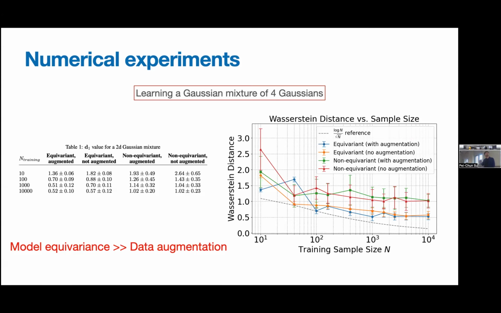The top 2 curves plot a case where you use a non-equivariant score matching neural network with or without data augmentation, and the bottom 2 are the case where you use equivariant score approximation with or without data augmentation. These two have a smaller error because they use equivariant score matching objectives. So this conveys the point that model equivariance is more important than doing data augmentation.